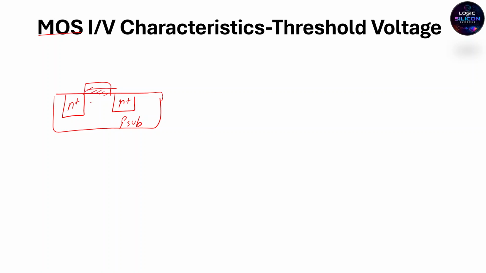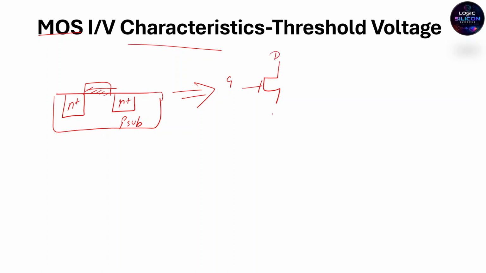So why do we want to study the characteristics of the MOSFET? The reason is simple: every time we don't want to analyze the circuit from the device physics level. We want to treat it like a black box. We will see that this is a symbol, a black box, and we will understand how the gate controls the operation.